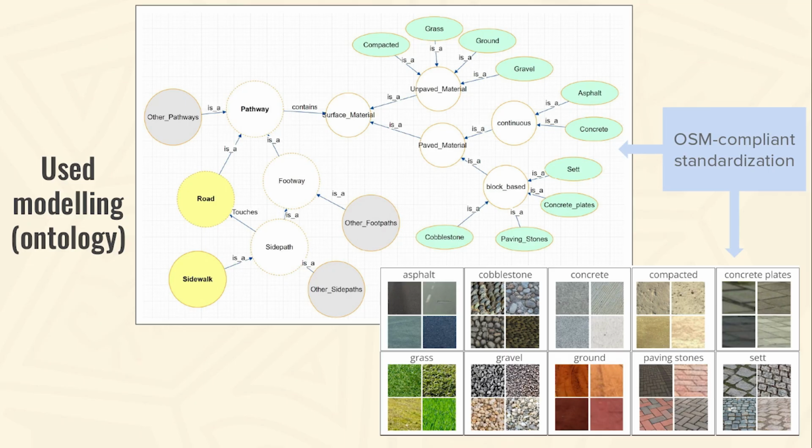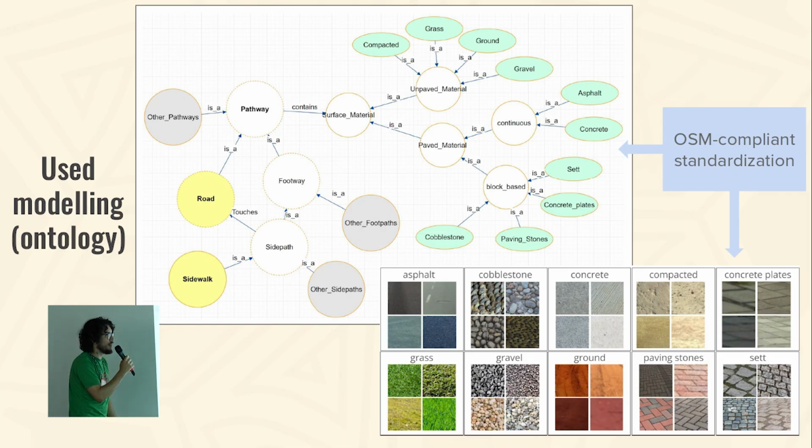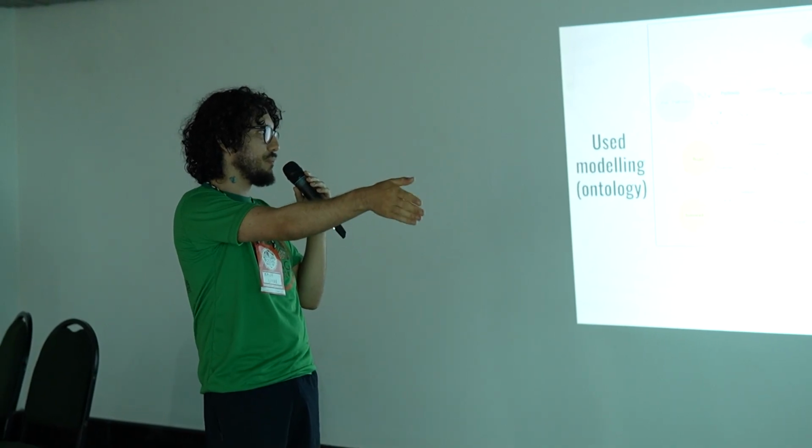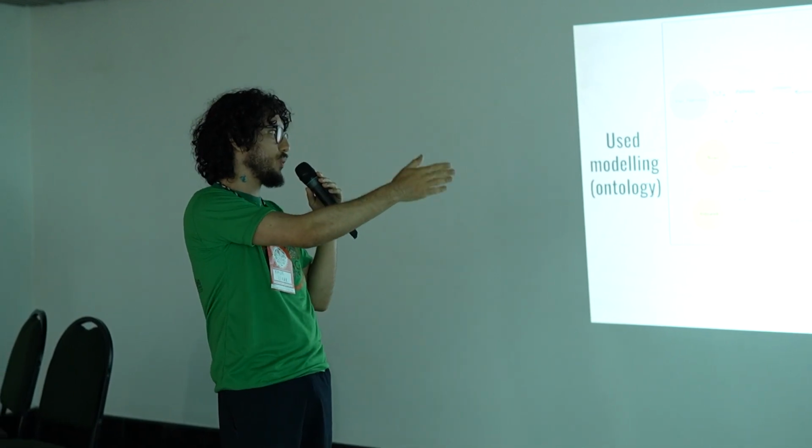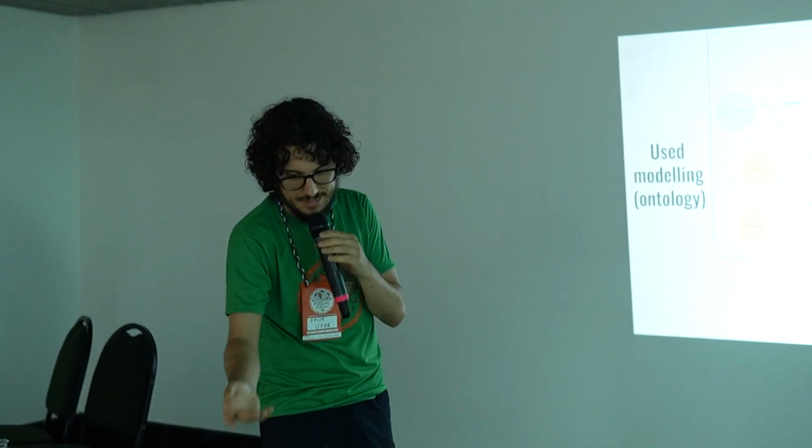All pathways contain surface materials as a property, and then we have the taxonomy in categories like unpaved, continuous paved, and block-based for the paved case. All of them are asphalt, cobblestone, concrete, compacted concrete plates, grass, gravel, ground, paving stones, and sand.